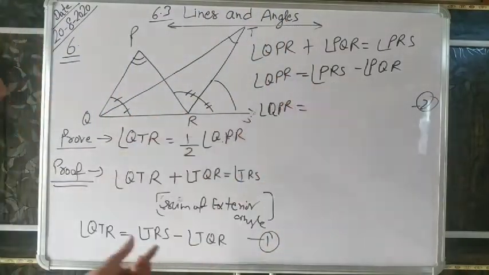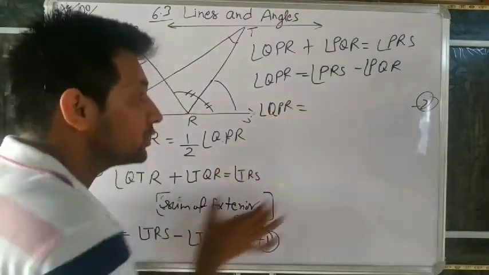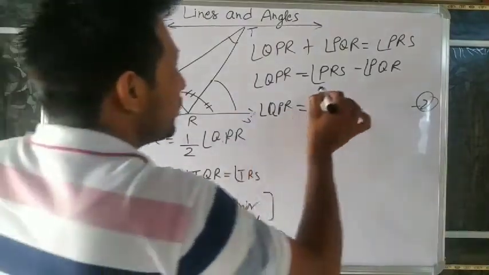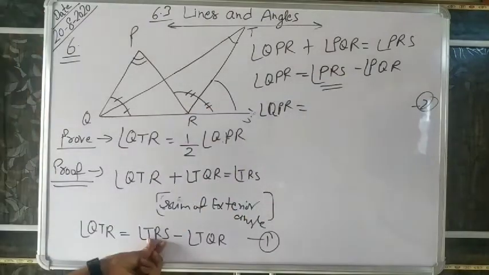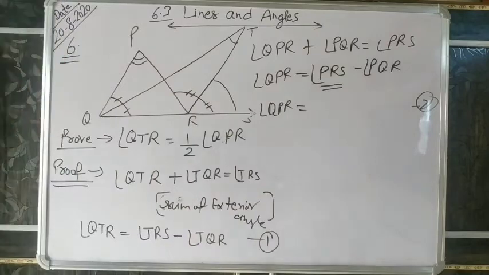QPR equals this one, and QTR is also equal to this one, so we can say by equations 1 and 2 that we will use PRS in terms of TRS.